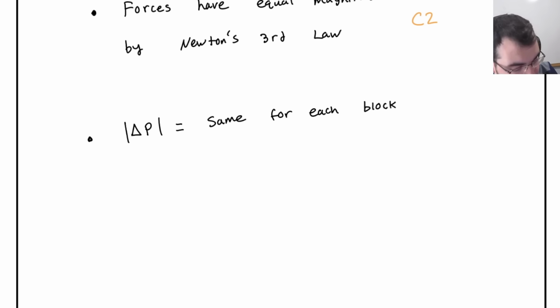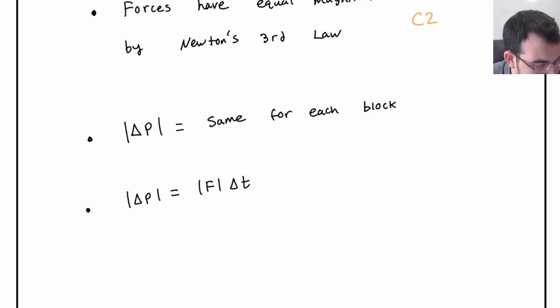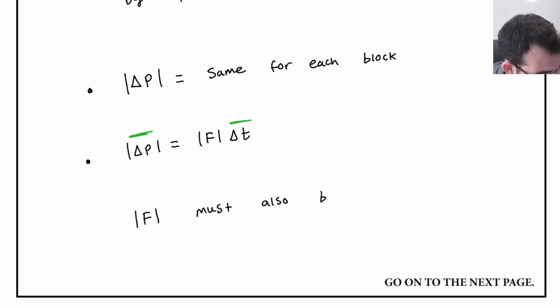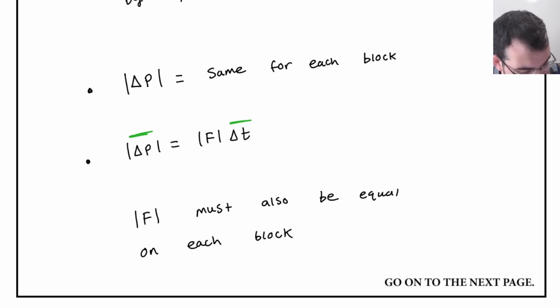So you could have also said, since delta P would be equal to F times delta T, and they're in contact for the same time, same momentum change, same contact time, F must also be equal on each block. So this is like an impulse-momentum theorem derivation of Newton's third law.